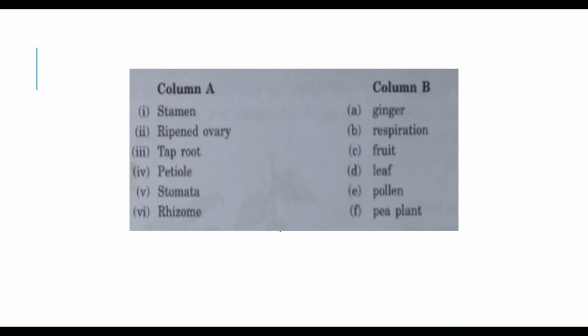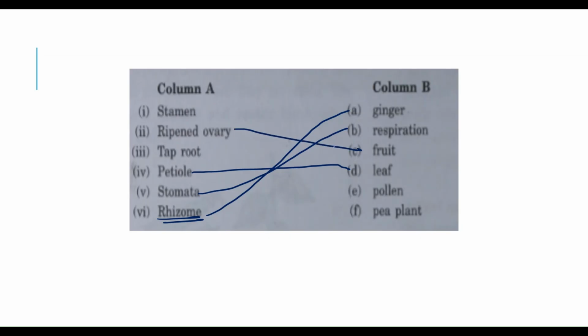Next, one more is given here. Rhizome is modification of the stem and it is found in ginger, right? Taproot system, petiole is part of leaf. Stomata helps in respiration. Ripened ovary forms fruit.